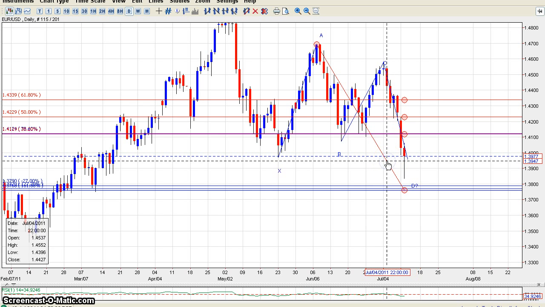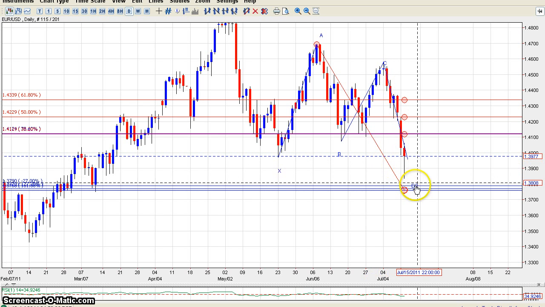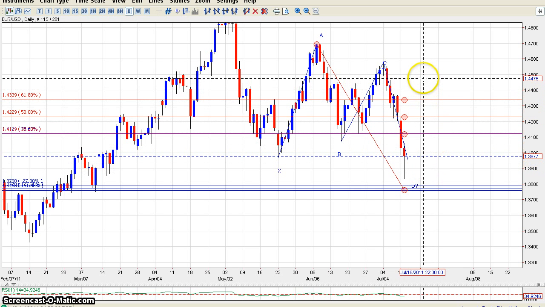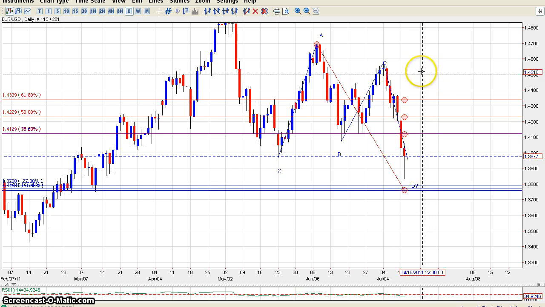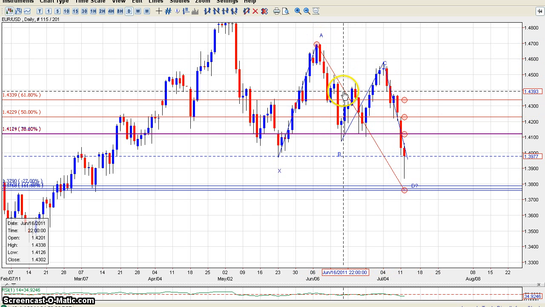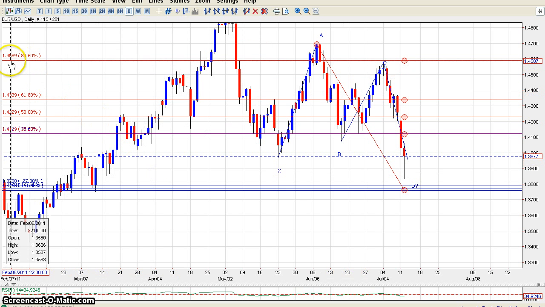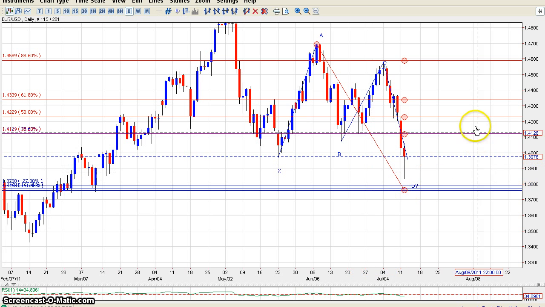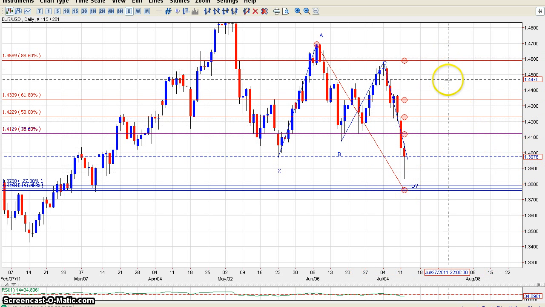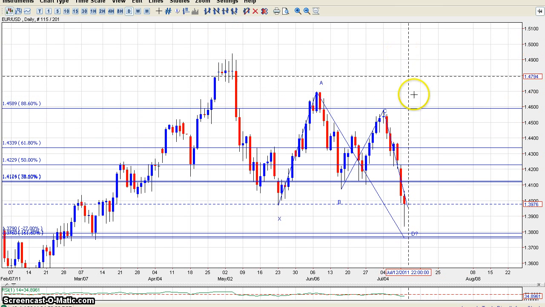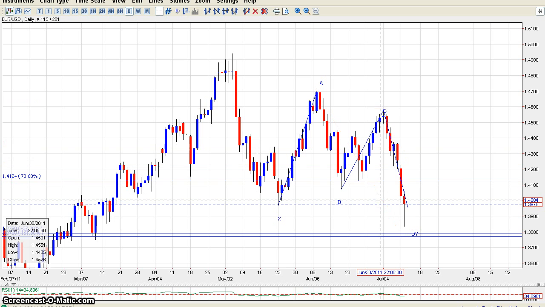Ultimately, if price did rally from here aggressively, then once price closes above the 88.6 retracement of this AD leg, which will be 1.4589, now that's very ambitious, but if price manages to close above that, then I can see Euro USD going much further upward. Probably test this high, but let's not get ahead of ourselves.